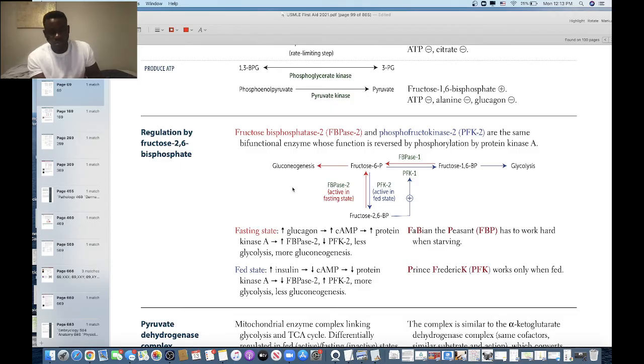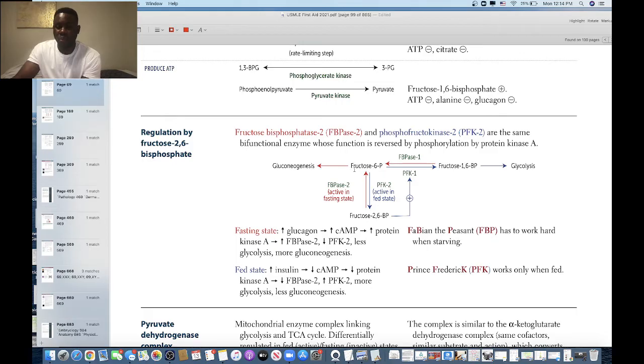What they want us to know is that fructose 2,6-bisphosphate and phosphofructokinase 2 are the same bifunctional enzymes whose function is reversible by phosphorylation by protein kinase A. If you look here, we are using fructose 6-phosphate to make fructose 2,6-bisphosphate.